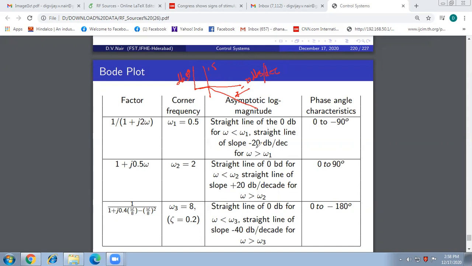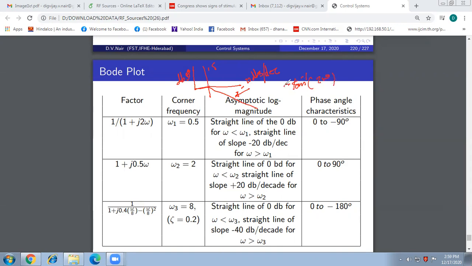That's what we have written here, right? For omega less than omega 1, that is the corner frequency, 0 dB, and for higher values, it will be a straight line of this slope. And the phase angle contribution of this will be given by minus tan inverse, minus because it's a pole, in the denominator of the transfer function, minus tan inverse of the imaginary term, that is 2 omega, divided by the real term, that is 1.